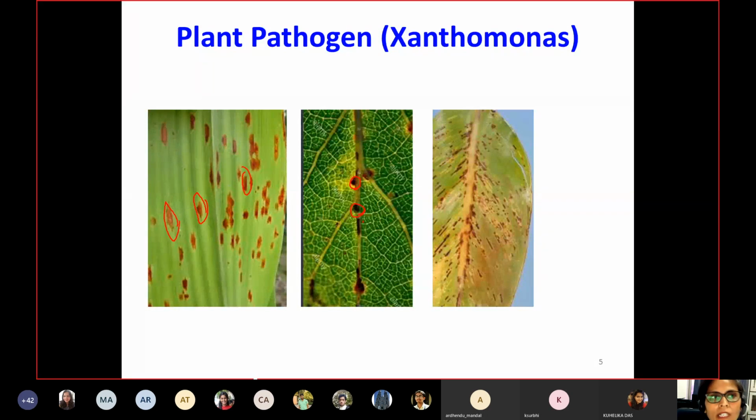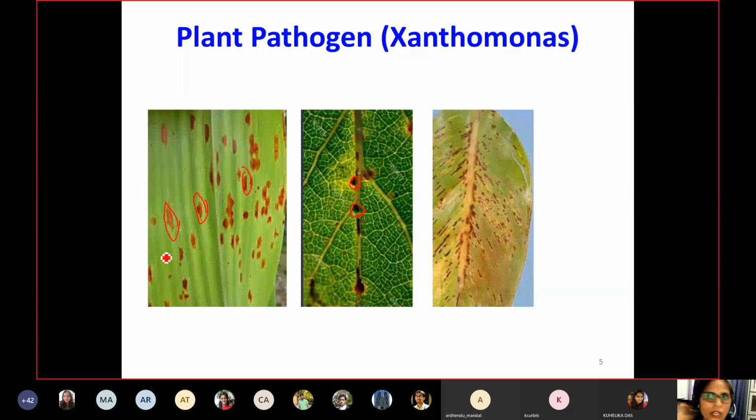So basically, some bacteria get access to your vascular system, and then they spread through your plant's xylem and spread systemically into the whole plant. Otherwise, they are restricted to the leaf mesophyll system. So this is the thing.